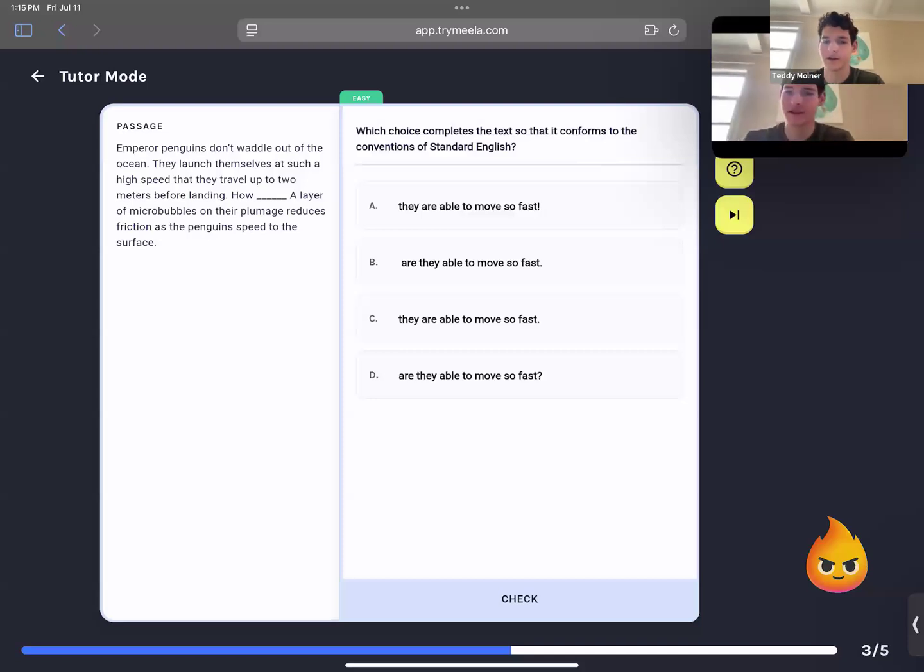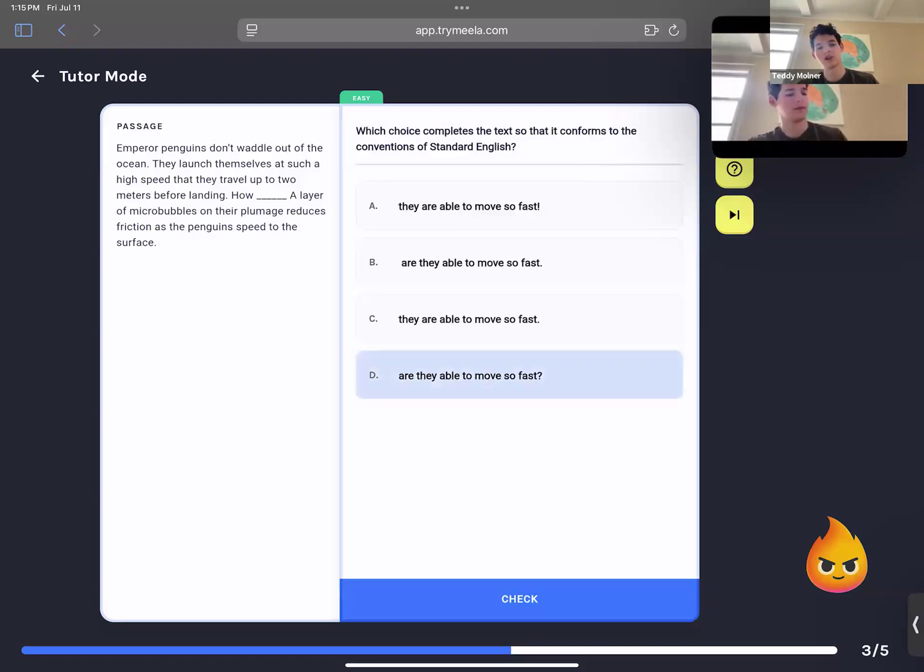Does anyone disagree? If you disagree, I'd love to hear your reasoning. I do think D is the correct answer. And just briefly, why that's the correct answer.